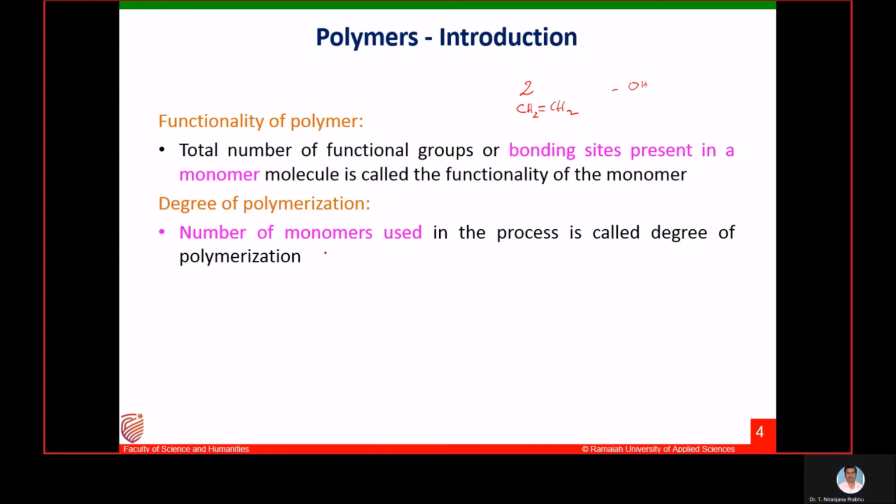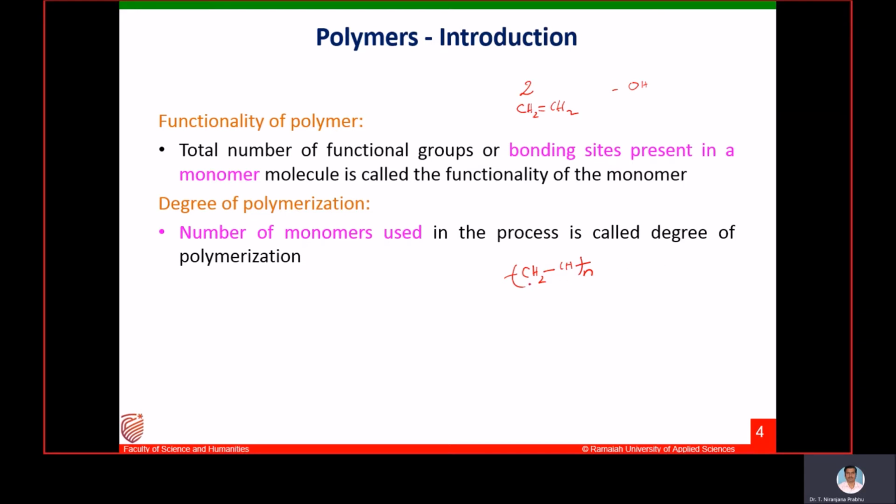So this is how the number of functional groups present in the monomers is called functionality. Now, degree of polymerization is the number of monomers used. I gave the example of polyethylene. Again, n I wrote. n can be 1,000, 2,000, 3,000, 5,000, 10,000, whatever the number.